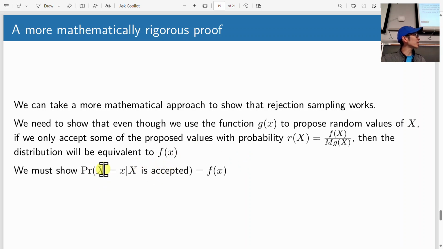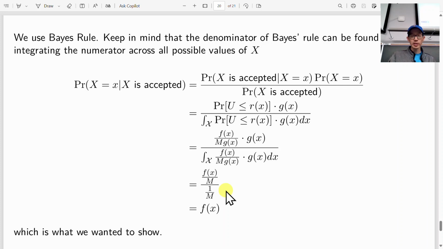Therefore, the probability of getting X, given that X is accepted, follows the target distribution of F. That's what we want to show, okay? And if we can show this, then this will show that this process does indeed generate values from the desired distribution, okay? And so this is how we'll go about it.